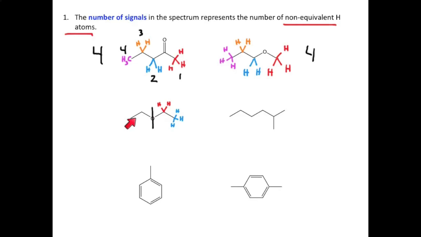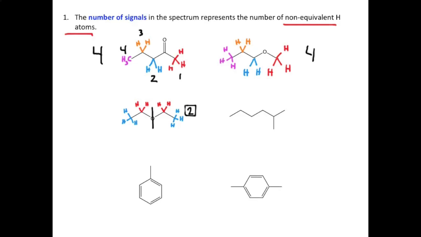But if we look at the left side, that's exactly the same as the right. So what that means are the 2 hydrogens on the left in red are equivalent to the hydrogens on the right. So because of this line of symmetry, this molecule here, in fact, is only going to show 2 signals instead of 4.